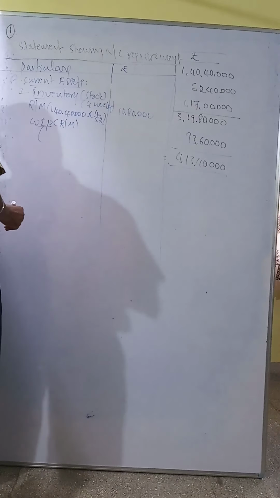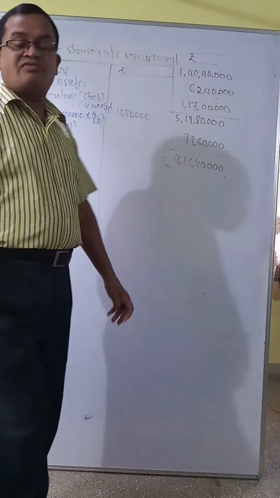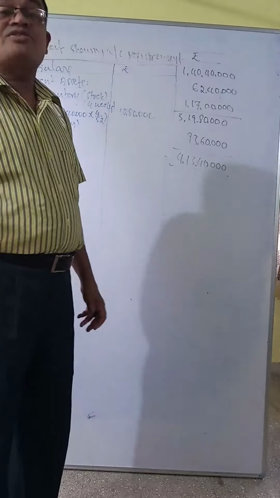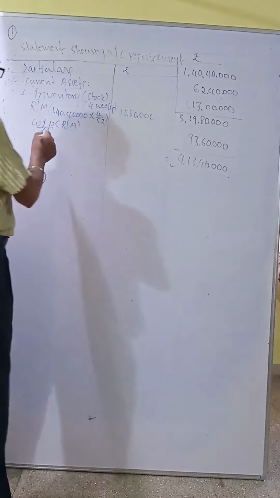Then work in progress. Work in progress is based on raw material only. How many weeks have they given? 2 weeks for the process. What are they processing?